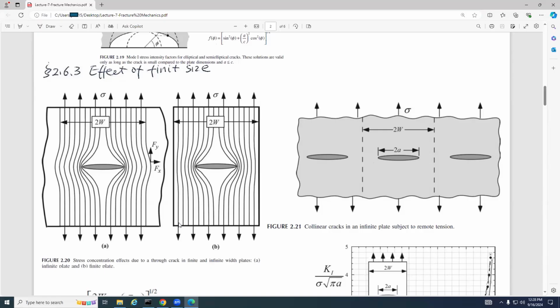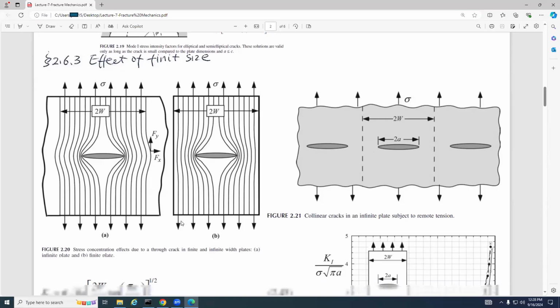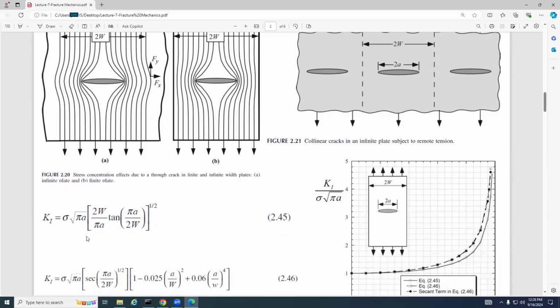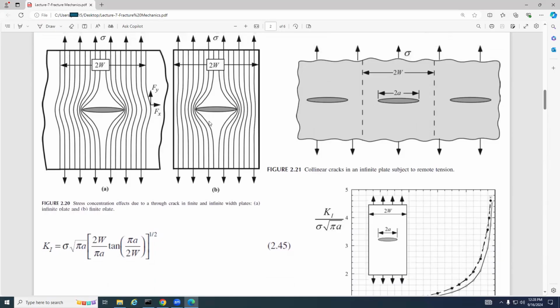For this one, the same crack, but we know it has finite width. For these two case scenarios we can get KI, and for the finite plate, guys, we usually have finite plate.